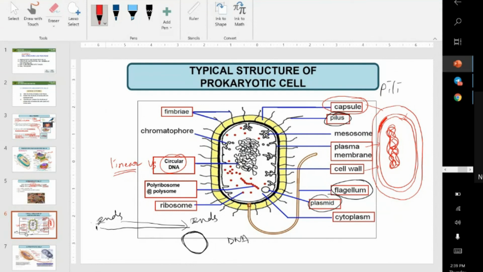Then we have the mesosome. If you look at the structure, the only organelle that we can find is the ribosome. There is no nucleus, no mitochondria, no chloroplast or Golgi body and everything.